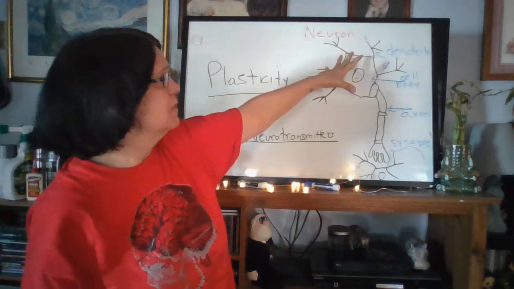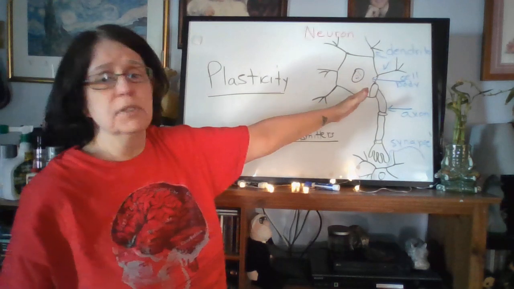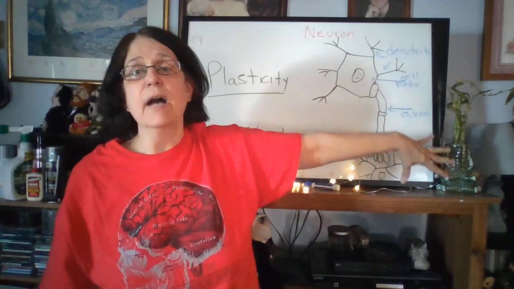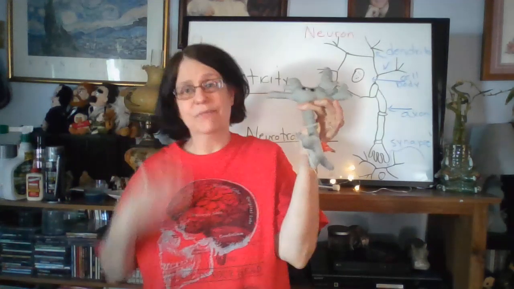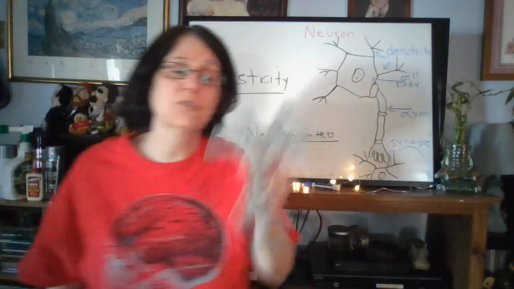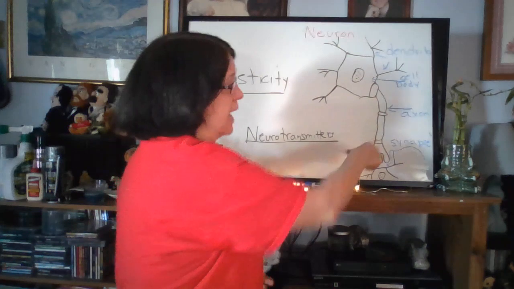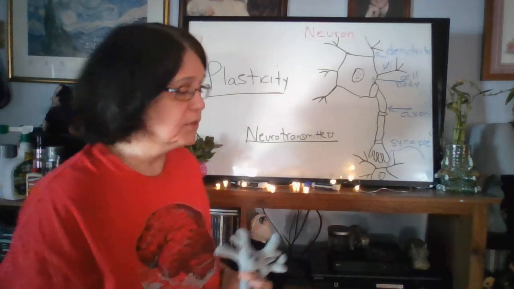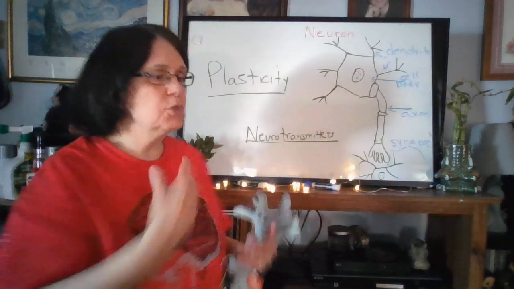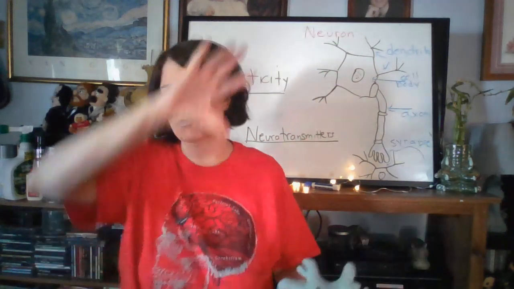So messages come in from the dendrites, go through the cell body, and then get sent down through the axon. The axon is sort of like a cord. If you think of analogies again, like an electrical cord that comes down from the cell body, and the message travels along this. This message is sort of like an electrical current. It goes right through there.